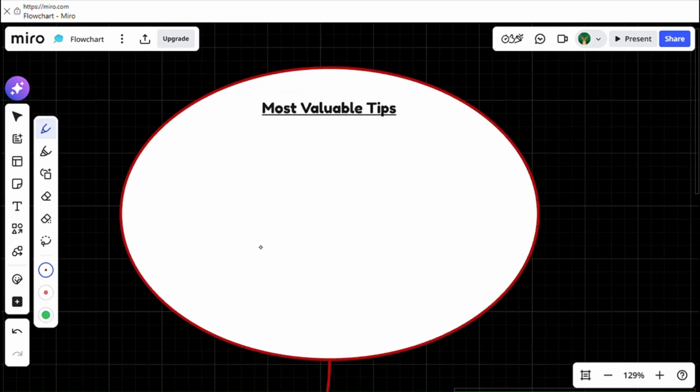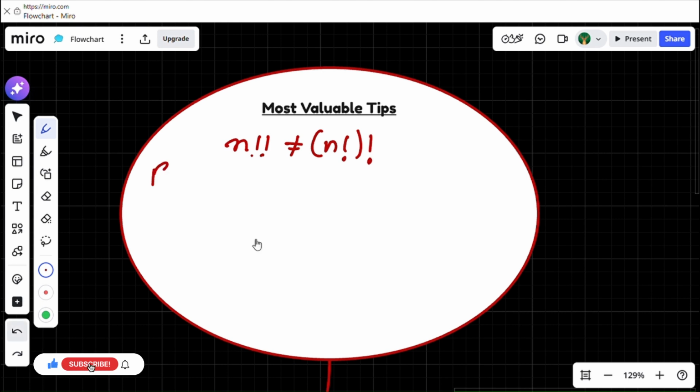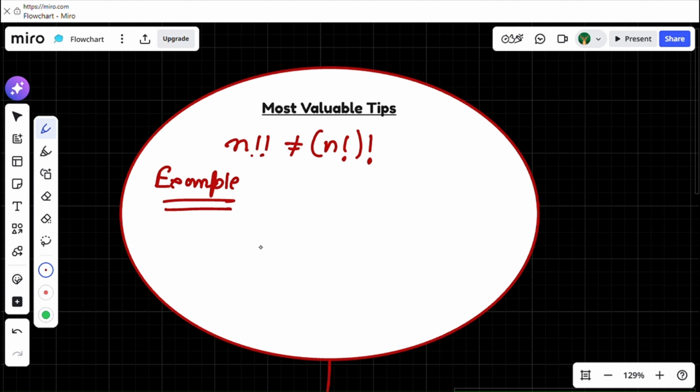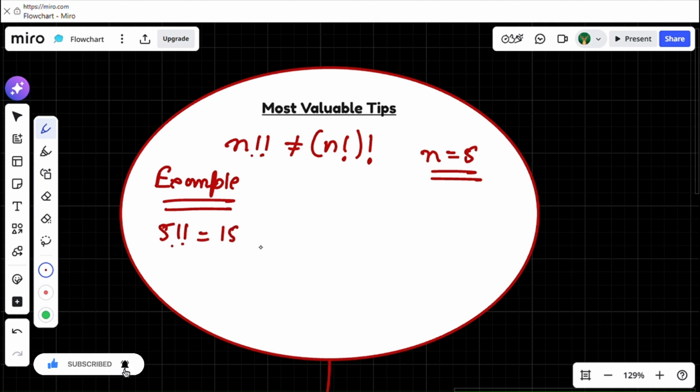Double factorial is not equal to n factorial and whole factorial. So we can understand with an example. We can let n be equal to 5. We know that 5 double factorial is 15, but what about 5 single factorial and whole factorial?